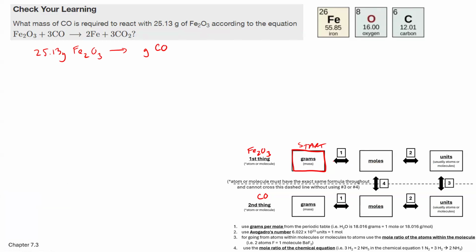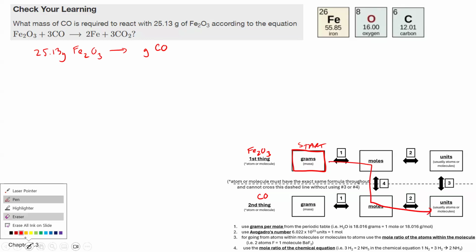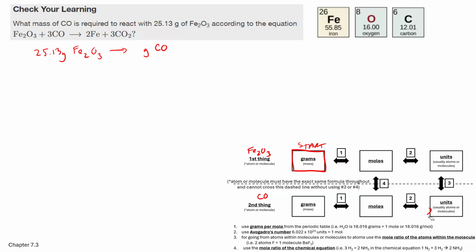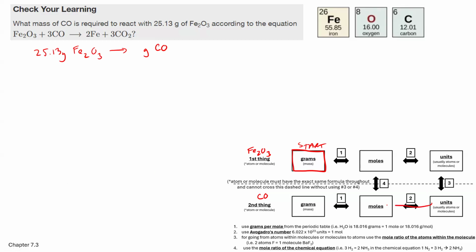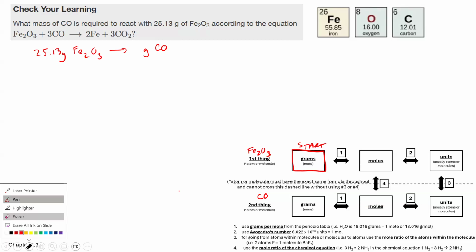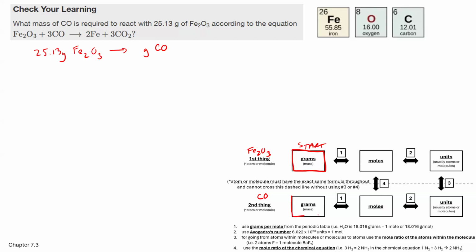It lets you do whatever you need to, whatever the question is asking for. We had 3 or 4 examples in a row doing the same thing, but we could have started here and gone straight across, if it was the same formula. So, yep, just practice using this and you'll get a lot better at it, and then you won't even need it. All right, so this is our end.